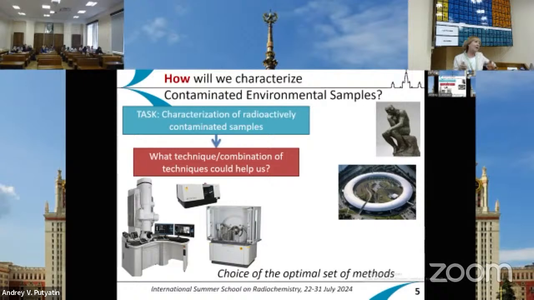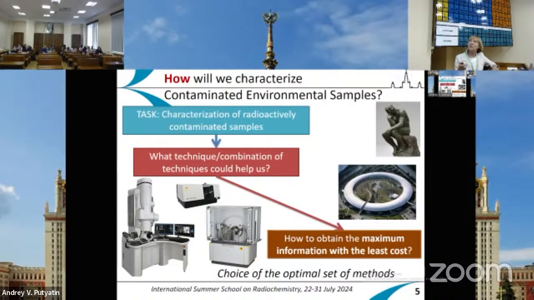Another kind of methods is based on synchrotron light. It is not so simple to use, but in some cases we need to use synchrotron light to study the speciation of radionuclides. So the question is how to obtain the maximum information with the least cost and in the least time.